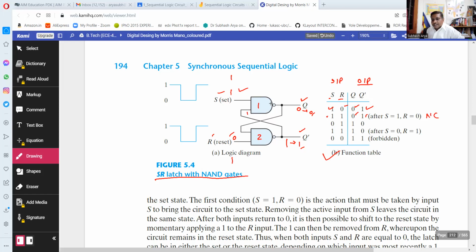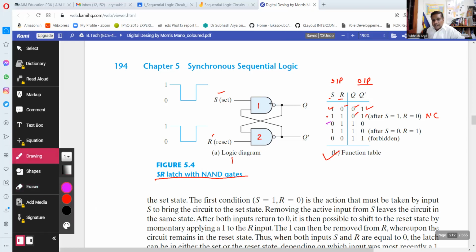Now take another case when S is equal to 0. So let me erase so that you should not get confused. Okay, take these values.